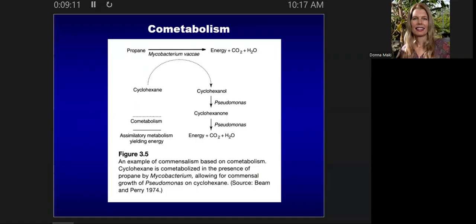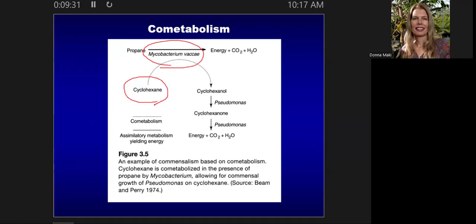In this example, they're showing that Mycobacterium is acting on propane. They're actually breaking propane down and stripping electrons off of that for their ATP needs. And you can see this dotted line, the cyclohexane.